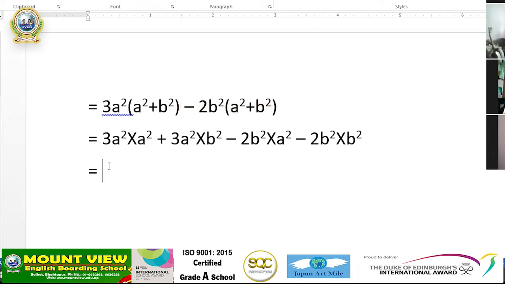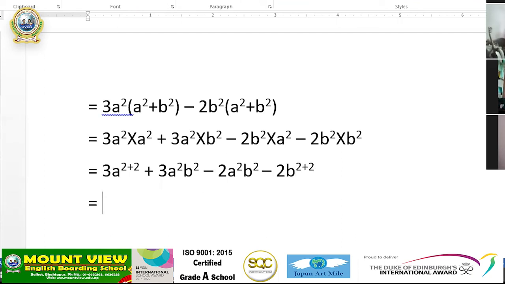Okay, so now the answer is simple. 3a to the power 2 plus 2, plus 3a square b square, minus 2a square b square, minus 2b to the power 2 plus.